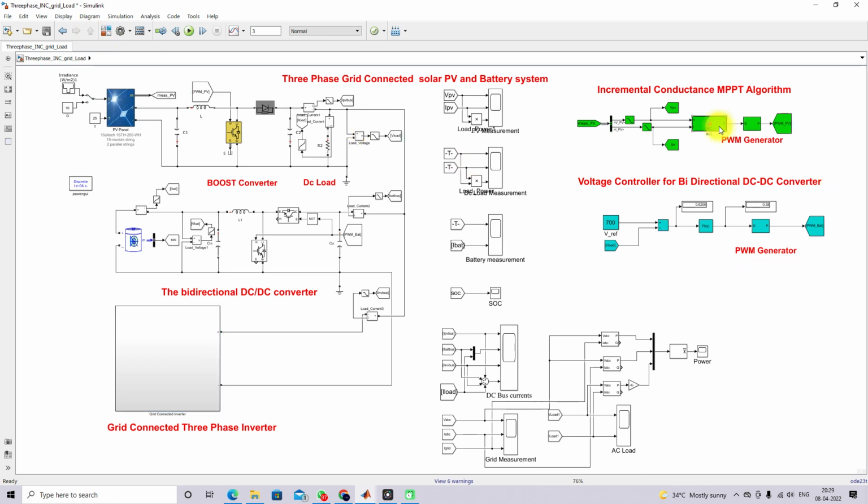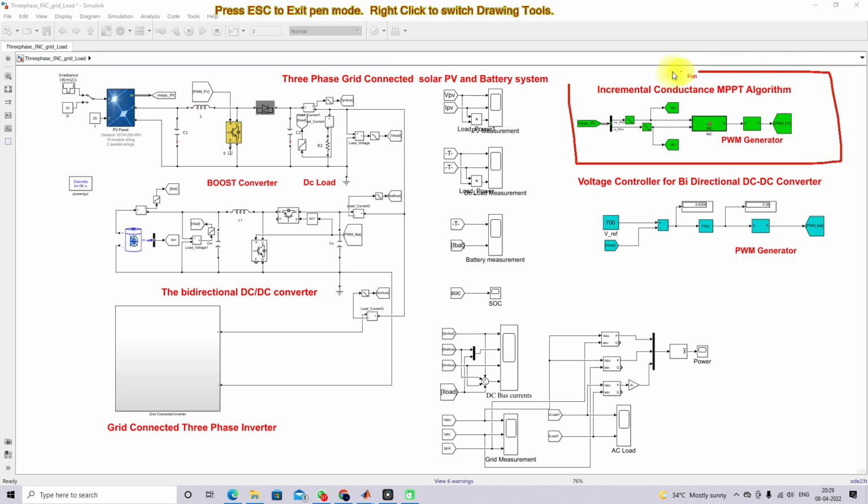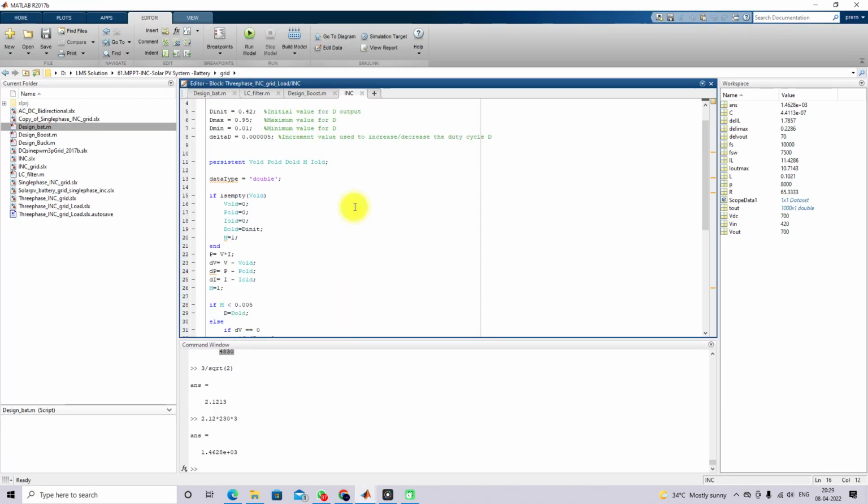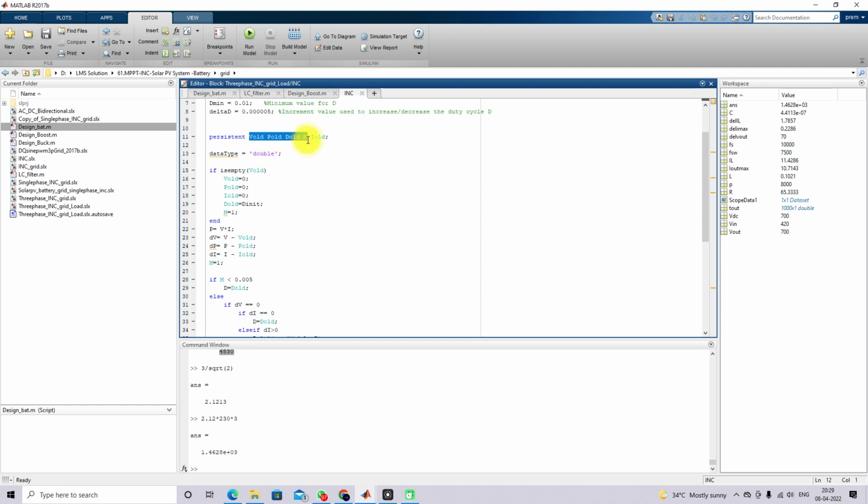Also here we are using incremental conductance MPPT. For this incremental conductance MPPT, you have to measure the PV voltage and PV current, and it is processed by INC. Here we fix the initial duty cycle, maximum duty cycle, minimum duty cycle, and then the previous voltage, power, duty cycle, current.